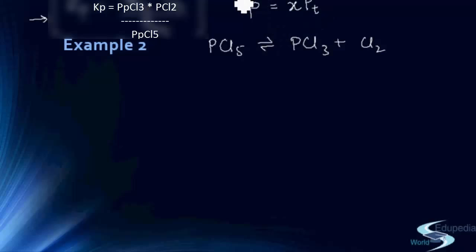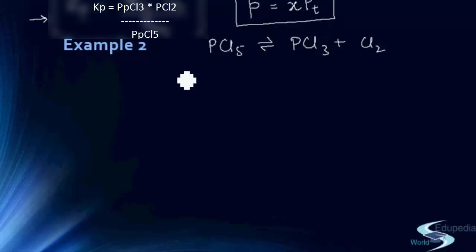We will use this equation to substitute the values of partial pressures at equilibrium. Once again, partial pressure of any given gas in a mixture is equal to mole fraction of that gas in the mixture multiplied with total pressure of the mixture.